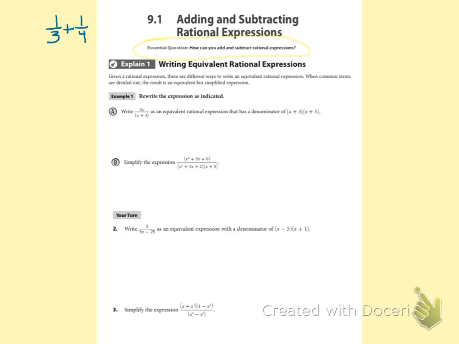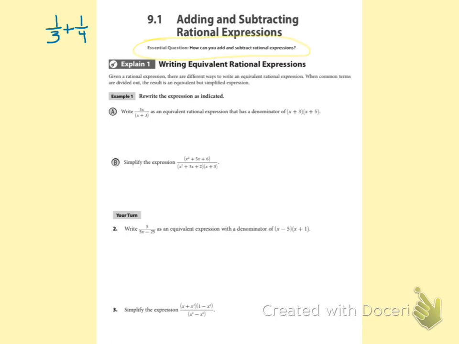When we're looking for a common denominator, and clearly they're not common here, what we're looking for is the least common multiple. In other words, the smallest number that is a multiple of both 3 and 4. Then we change both of the denominators to that number by multiplying by whatever factor we need.